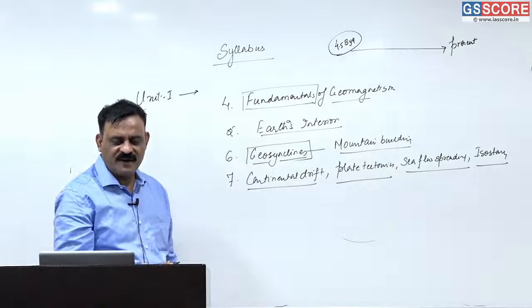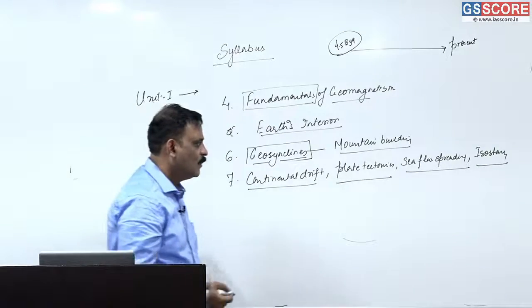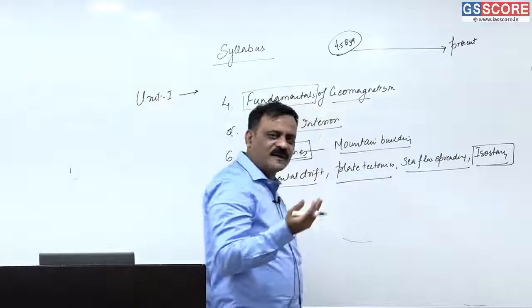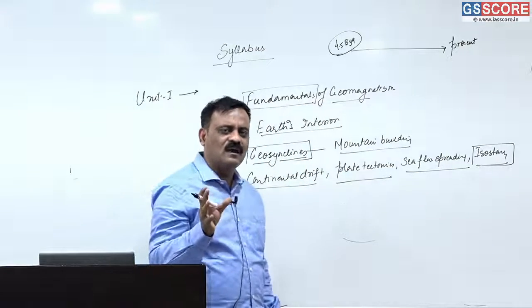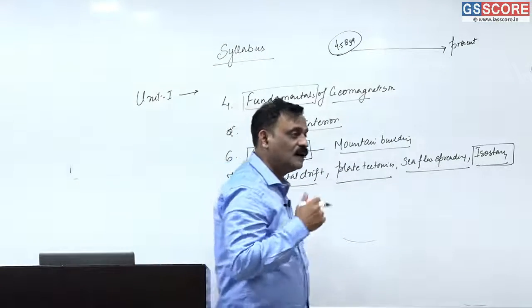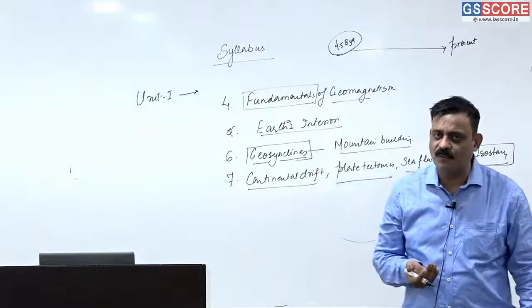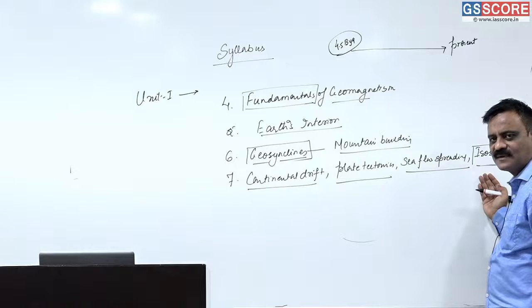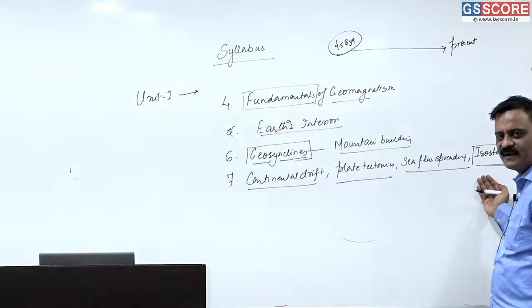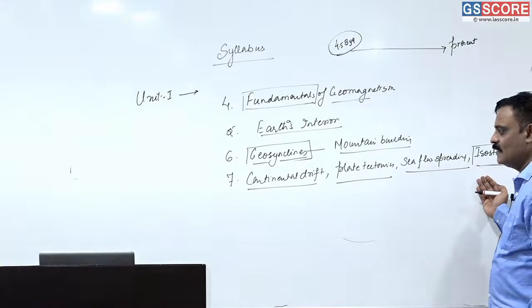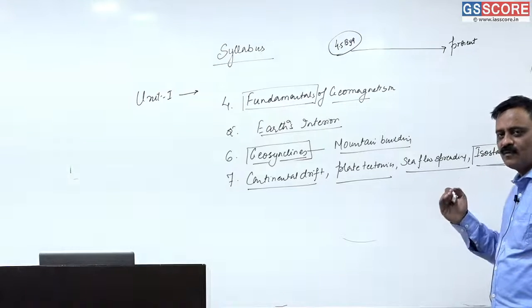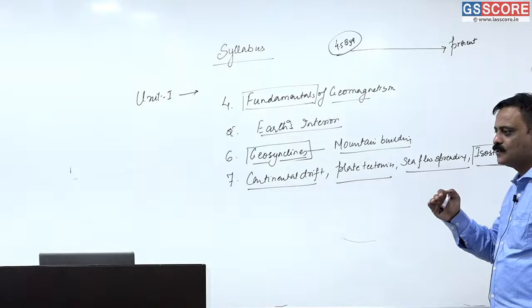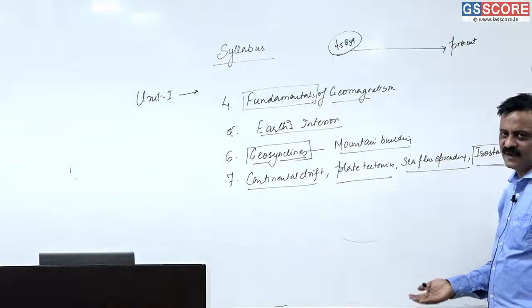You are expected to study them in your general studies also, but in the context of isostasy there are multiple views, so you are not expected to study those multiple views for general studies, but in the context of your geography optional you need to go for multiple views related to isostasy, or the multiple theories related to isostasy, and then you are expected to have a comparative analysis of the various theories and also look to the application of those various theories.